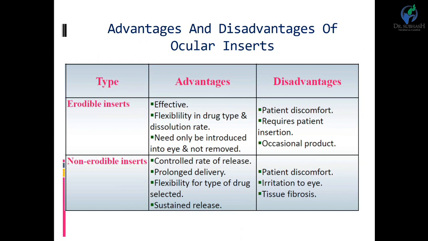Patient discomfort and patient insertion are required in both cases. Irritation may be faced with the non-erodible inserts. So we have compared each of them.